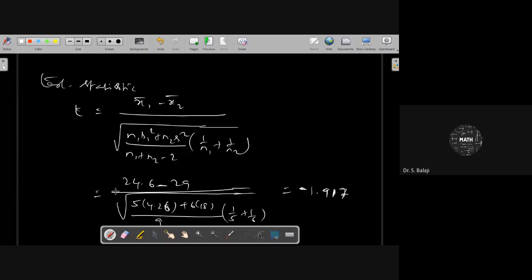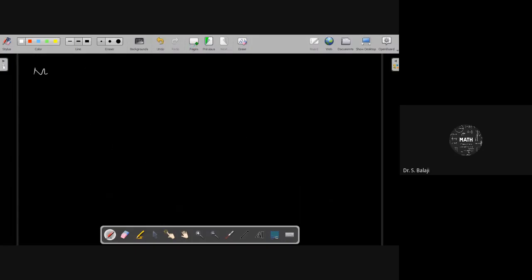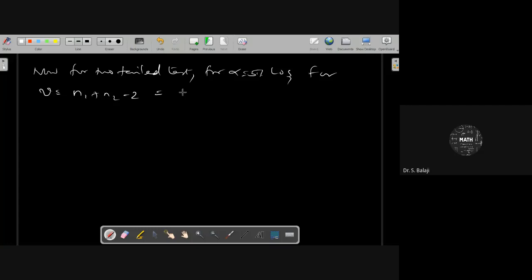But at the same time, you have to calculate the critical value also. For a two-tailed test at alpha equal to 5% LOS, the degrees of freedom for this test statistic is N1 plus N2 minus 2, 11 minus 2, 9 degrees of freedom.